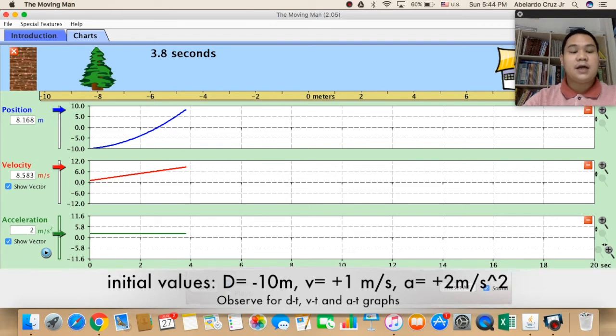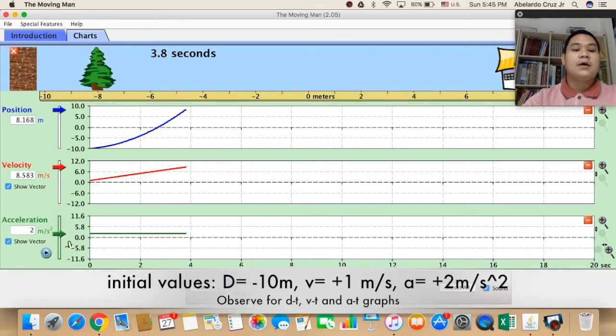It changed in acceleration. Now, if we're looking at the position time graph, you can observe that the line being produced is curved. So somehow it approaches a parabolic graph. However, in a velocity time graph, we can see that it has a straight line, meaning to say, it has a positive slope.